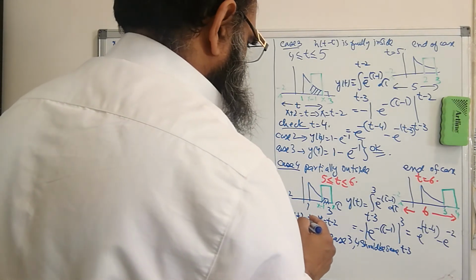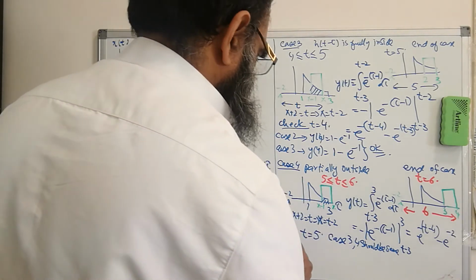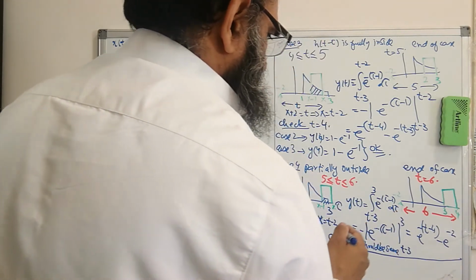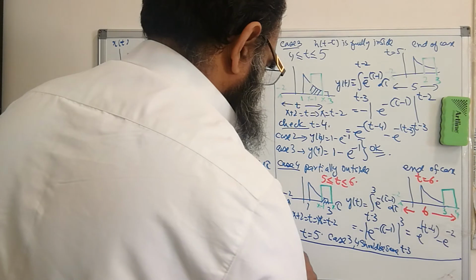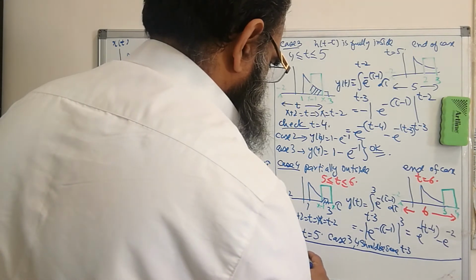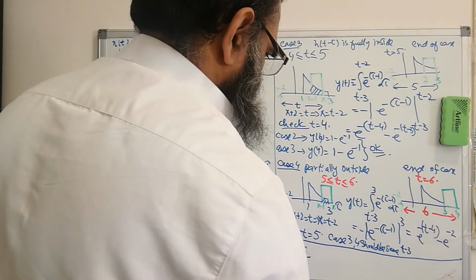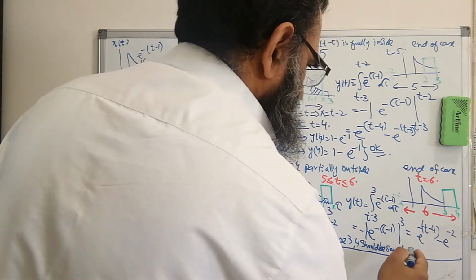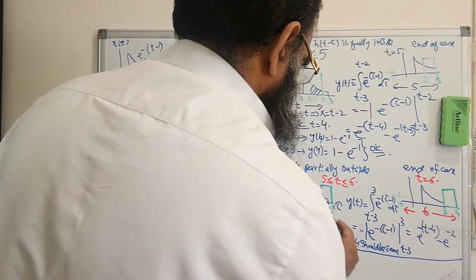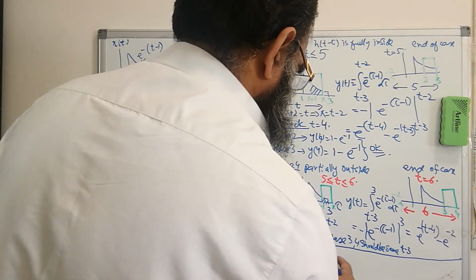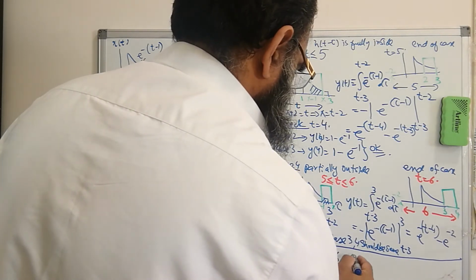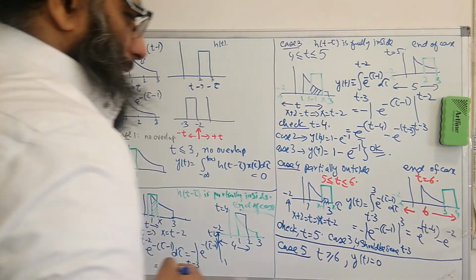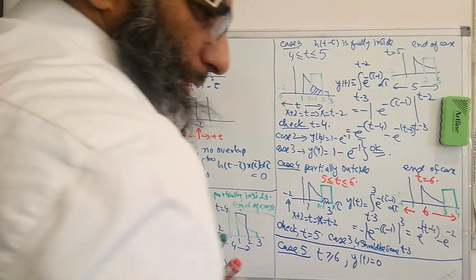So now the last case is when we are completely out, so that is case 5. That will be t greater than or equal to 6, and then there will be no overlap, so y of t will be equal to 0.